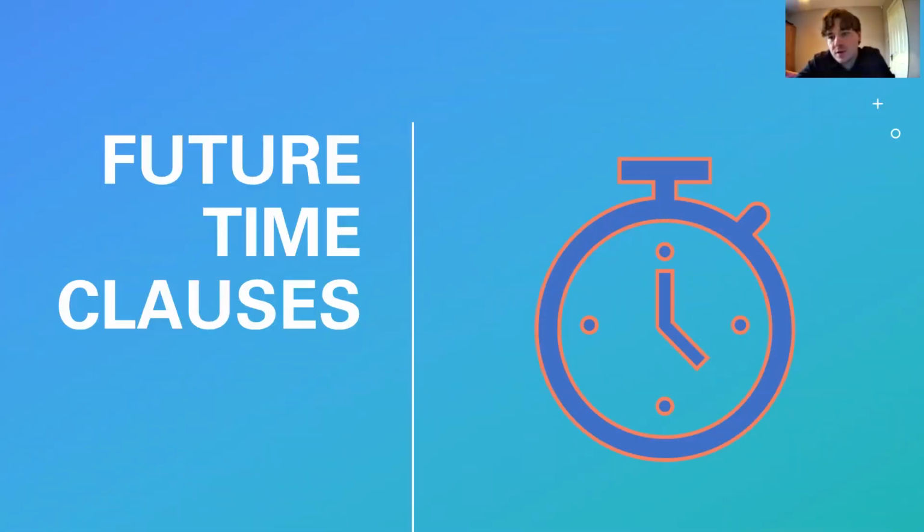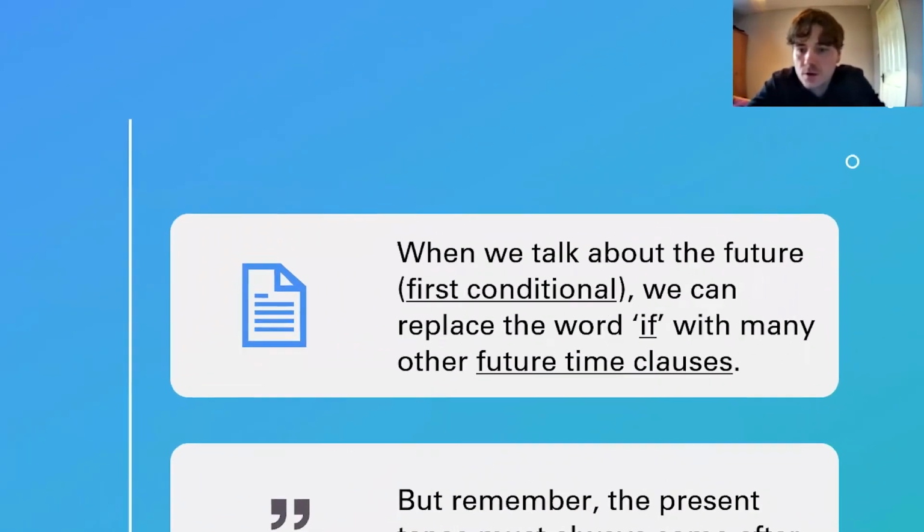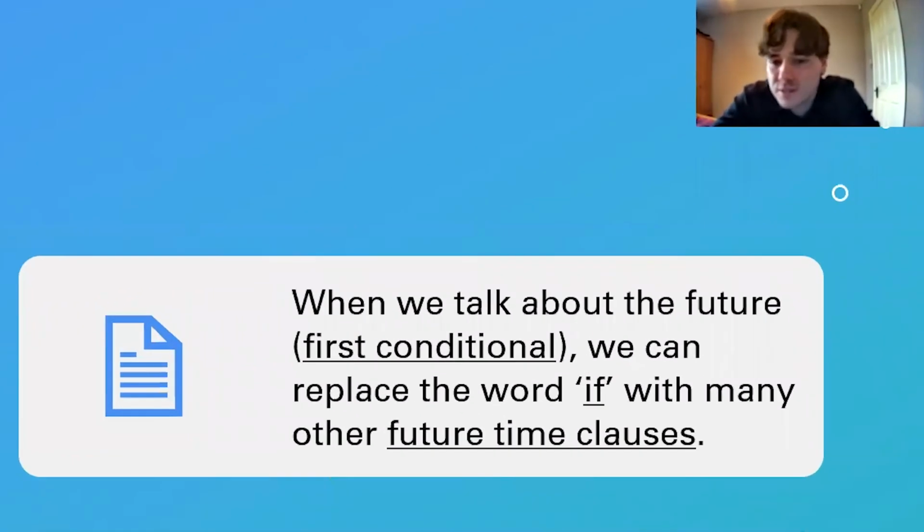And a useful bit of information for the first conditional is that we can use future time clauses. Okay? So when we're talking about the first conditional, we can replace the word if with many other future time clauses. So you don't need to use if all the time.